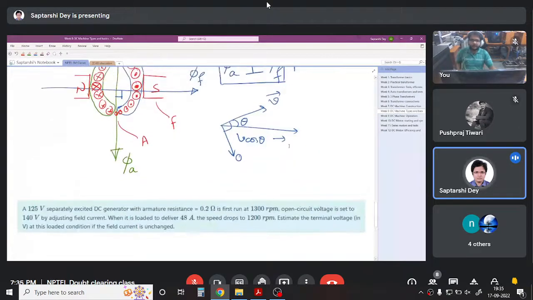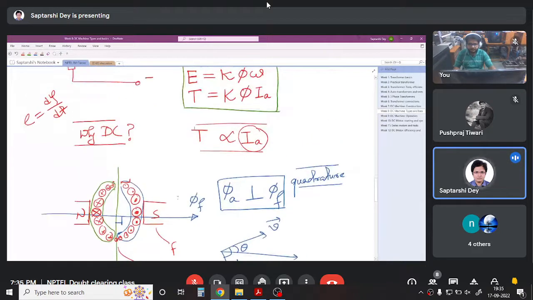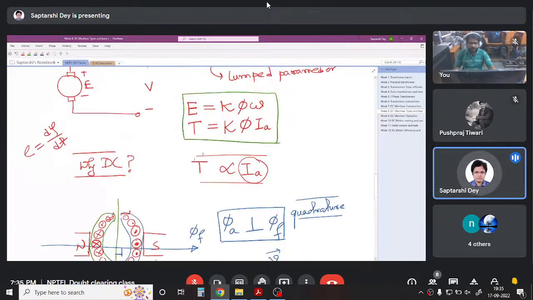If you look at induction machine, we will not discuss it much now, but this is not the case. In induction machine, the angle between the stator flux and the rotor flux is not 90 degree, they are not at quadrature. So if you control the current of the stator, both the fluxes change because they affect both of them.